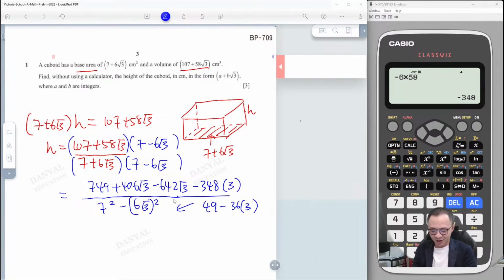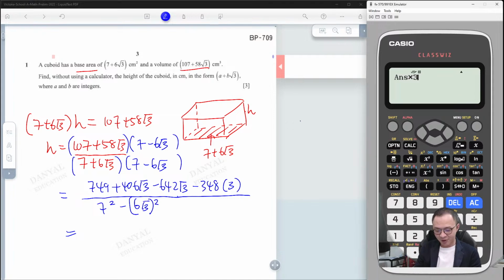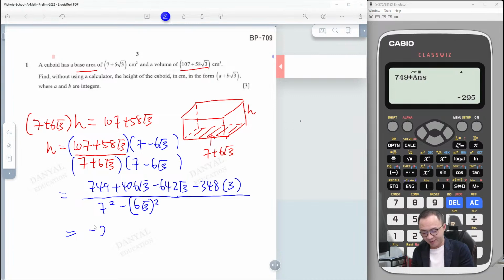We have a lot of things going on here. Never mind, this one we do later. So the next step, we solve the number together with the number. So this one I multiply 3, and then 749 plus the answer just now. So we have a negative 295.